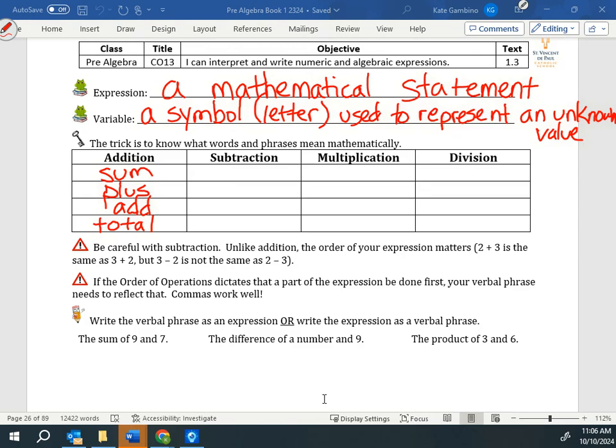Let's look at subtraction. Instead of finding the sum, what do we find in subtraction? The difference. So if we're finding the difference, we know we are subtracting. Okay? Less than.